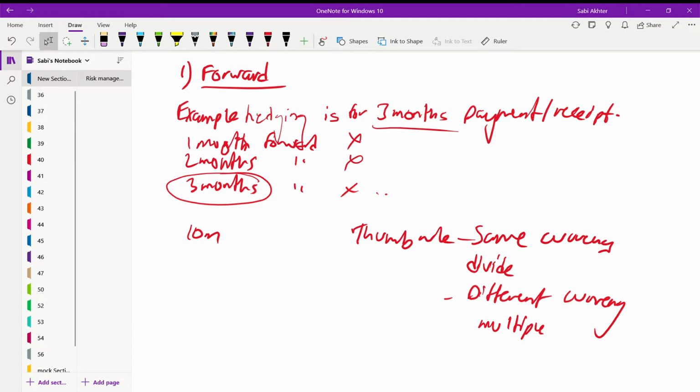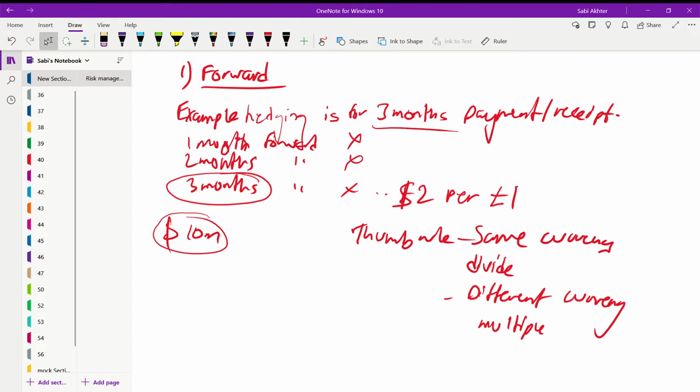Let's say this one is 2, in dollar, and this is dollar 2 per 1 pound. So in this case, you are going to hedge 10 million dollars. The forward rate is dollar 2 for 1 pound. You tell me whether you have to divide or multiply.